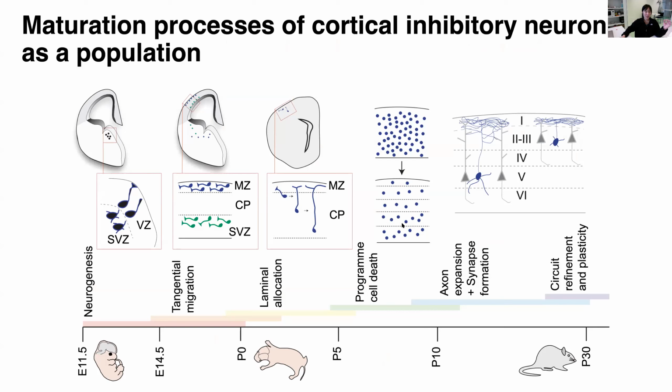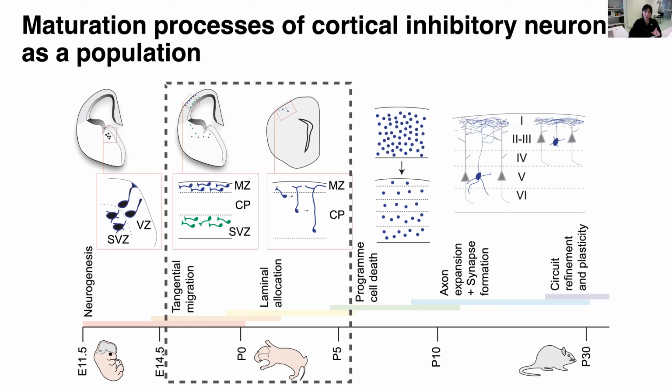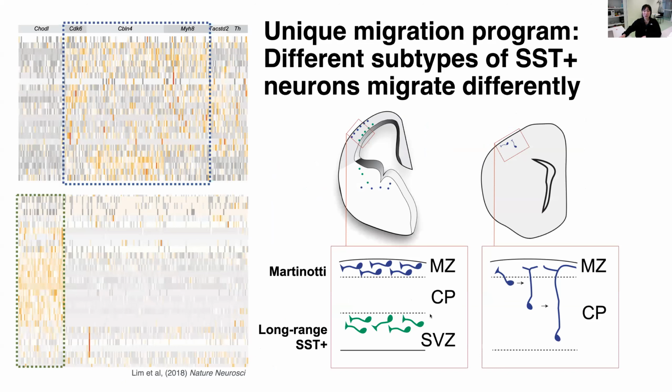There's programmed cell death around the first to second postnatal week, and then axons and synapses refine themselves. Okay, what I've shown you in this work is that at least in the process of migration, we have unique developmental trajectories. For example, the Martinotti cell takes the marginal zone and leaves behind these trailing neurites to get into the cortical plate as part of their axonal targeting process.